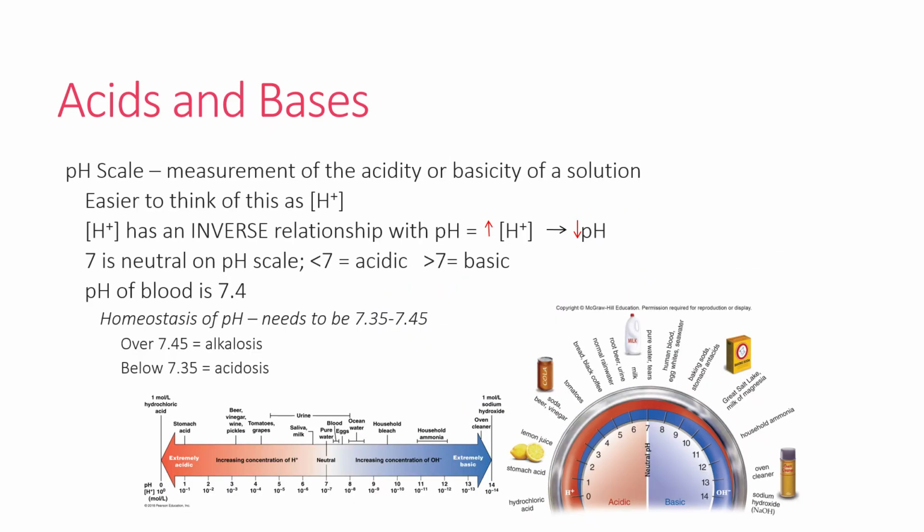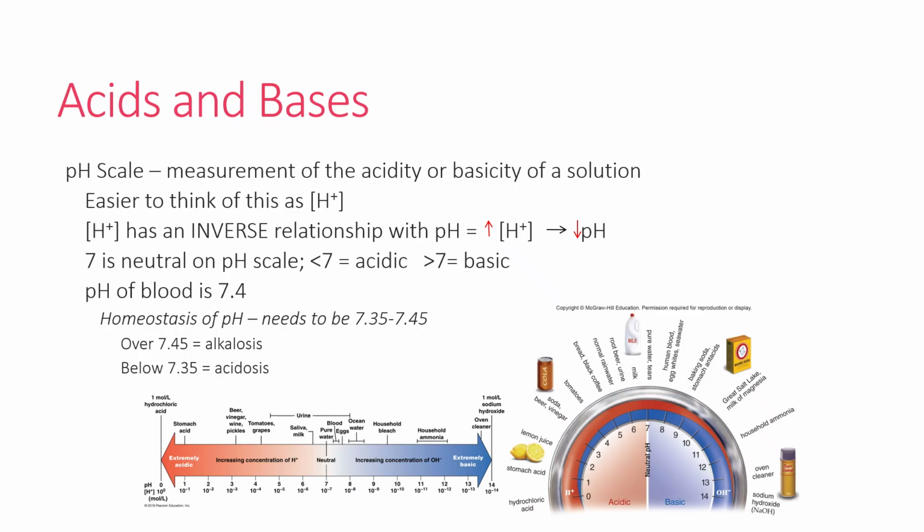The pH scale is going to be how we measure how acidic or basic a solution is. And the easiest way to think of this is going to be the hydrogen ion concentration. So these little brackets around hydrogen ion, that just means concentration.